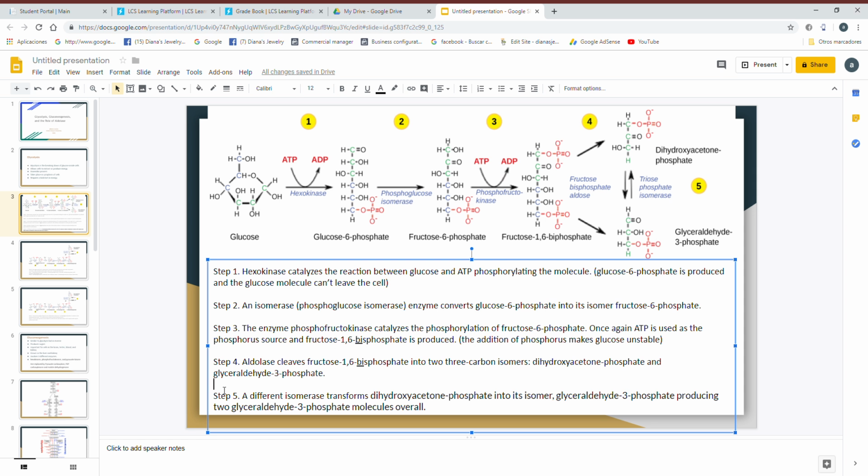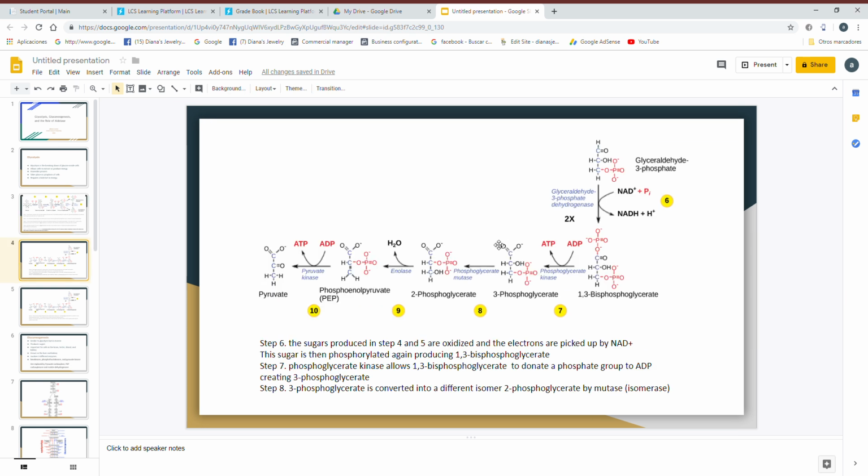So in step 5, a different isomerase transforms dihydroxyacetone phosphate into the isomer glyceraldehyde 3-phosphate, producing 2 glyceraldehyde 3-phosphate molecules overall. So now we've broken down glucose, and we have 2 of these glyceraldehyde 3-phosphate molecules.